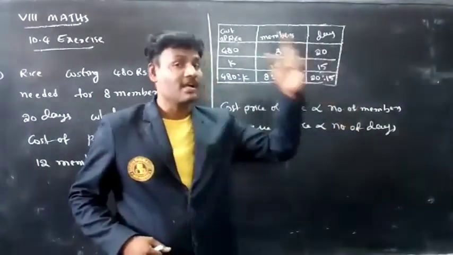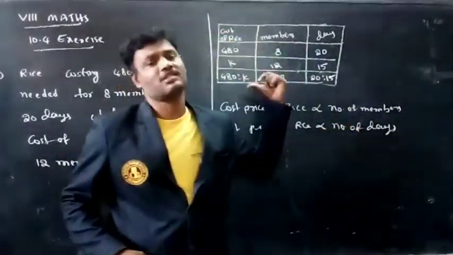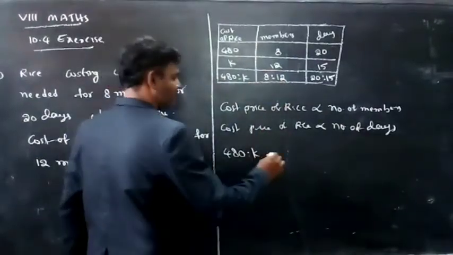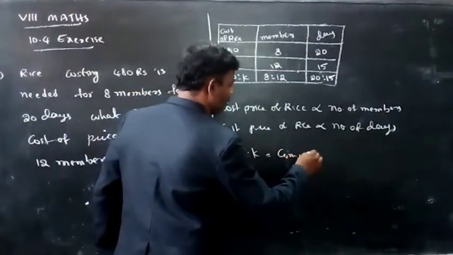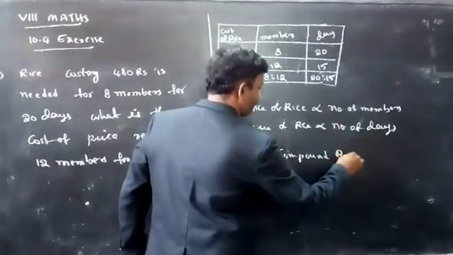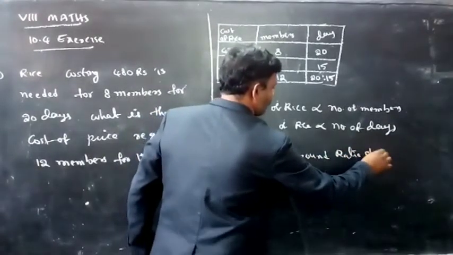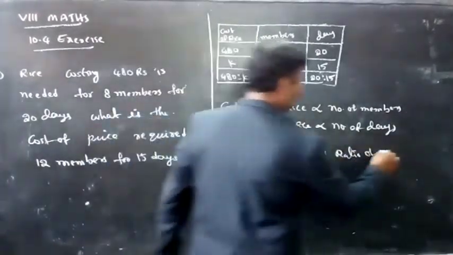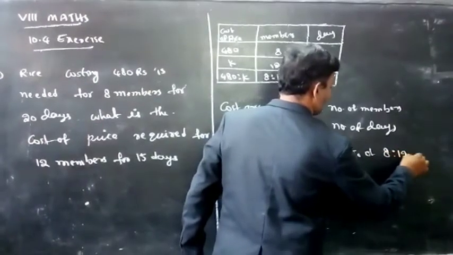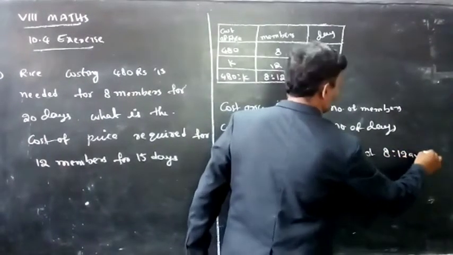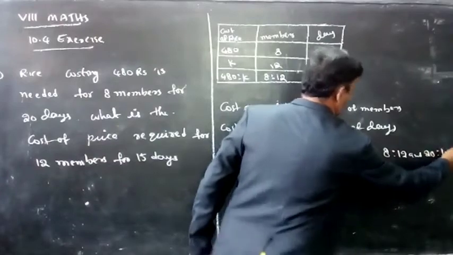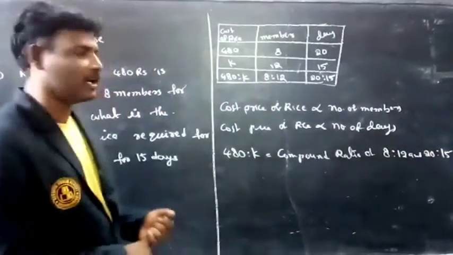Here both are directly proportional, so the ratio of cost price is equal to the compound ratio of 8 is to 12 and 20 is to 15.